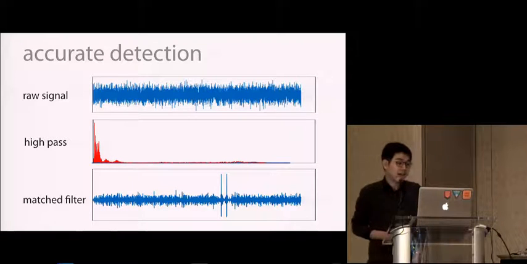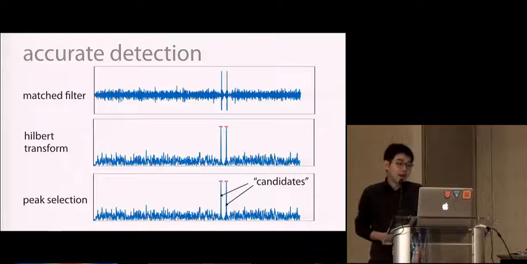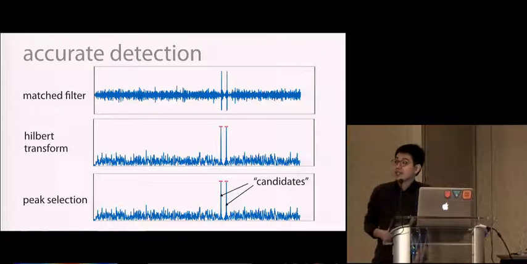To achieve an accurate detection, we first run a high-pass filter to filter out the ultrasound signal, and then we run a matched filter to detect the signal. These peaks are the possible arrival times. This has a positive peak and a negative peak, so we run a Hilbert transform and convert it to the same scale.